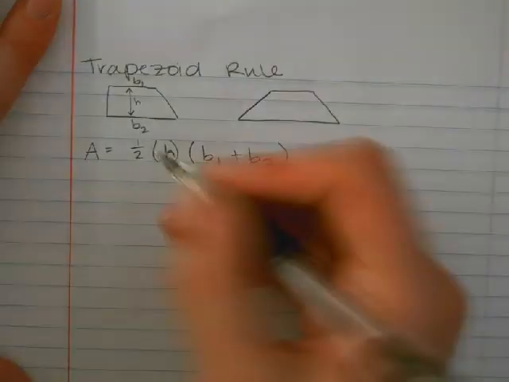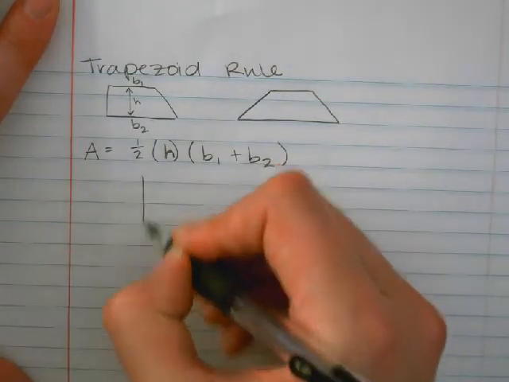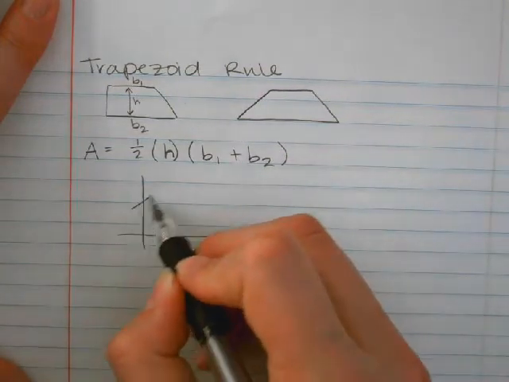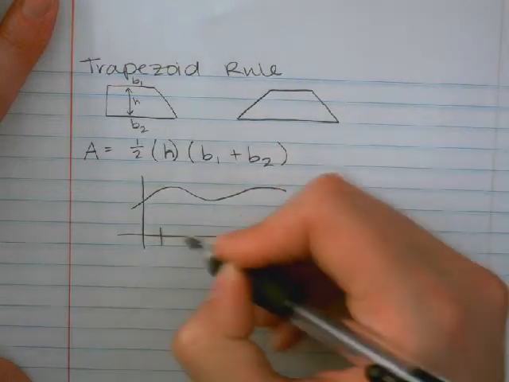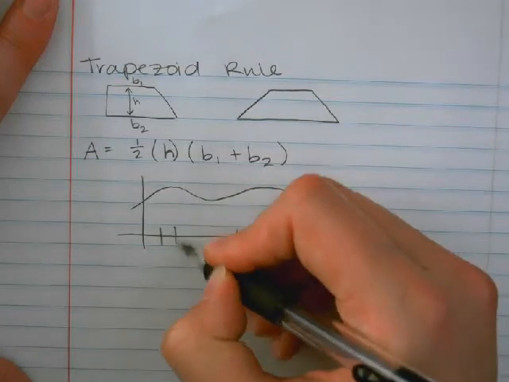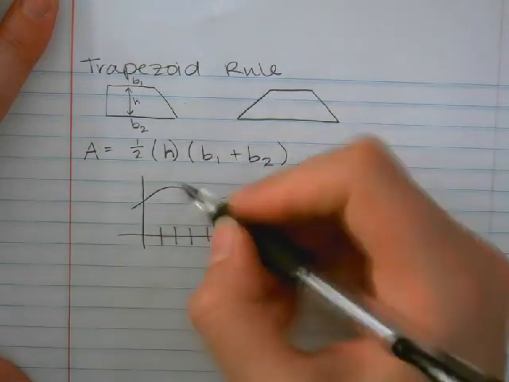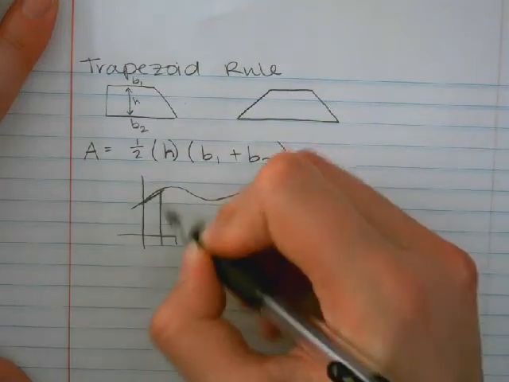If we look at a curve, I just want you guys to be able to see how this would look. Let's say here's our curve, and if we divide this up into 1, 2, 3, 4, 5, we'll see how this works. If I make this one of my subintervals, there's my trapezoid right there.